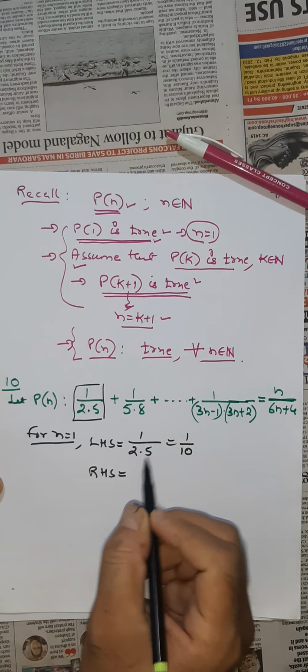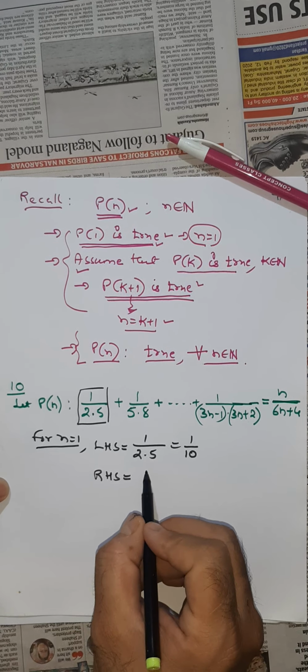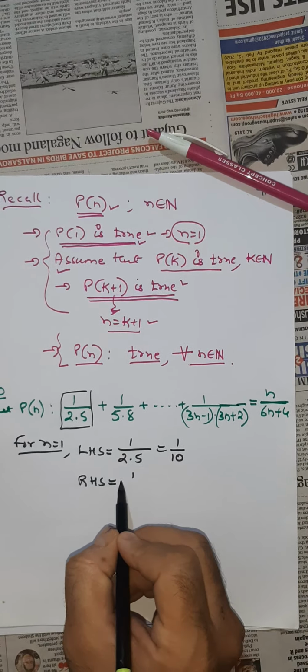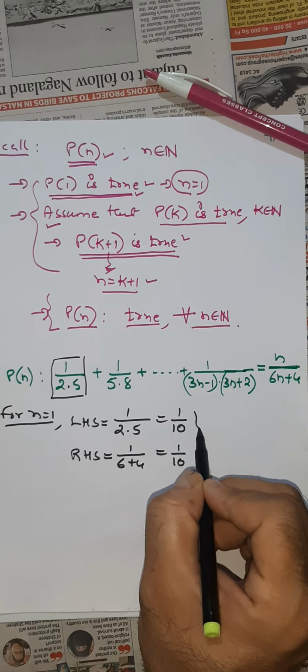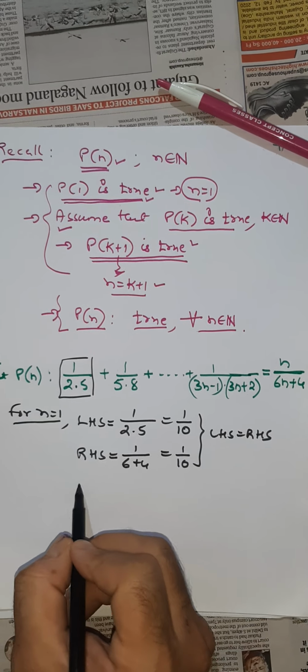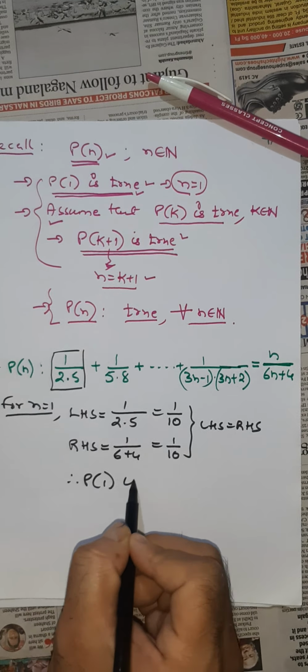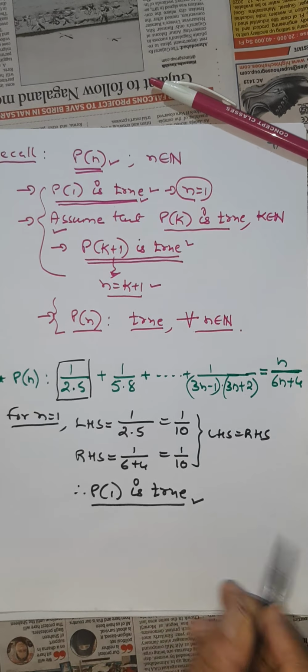What about RHS? Put n equals 1 here. So here 1 upon 6 plus 4, which is 1 upon 10. So LHS is equal to RHS, and therefore P of 1 is true. The statement is true for n equals 1.